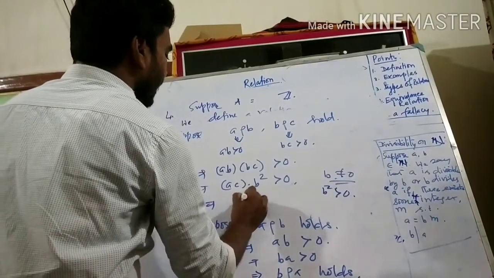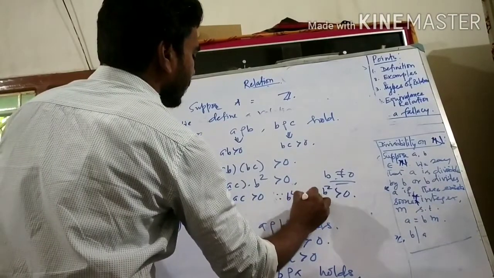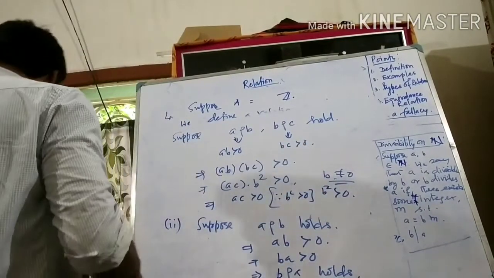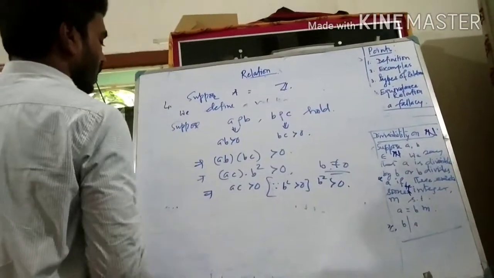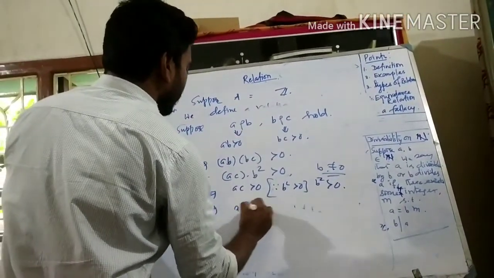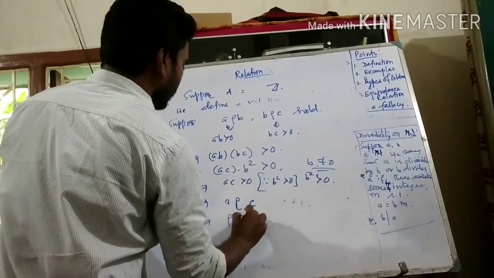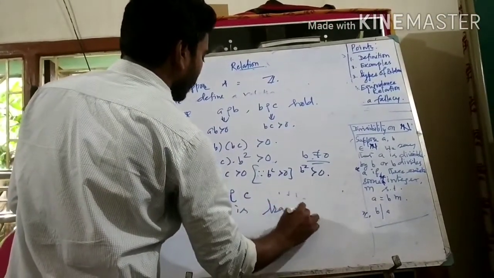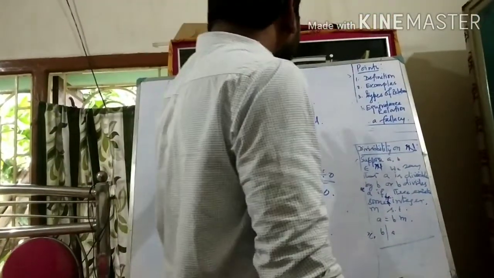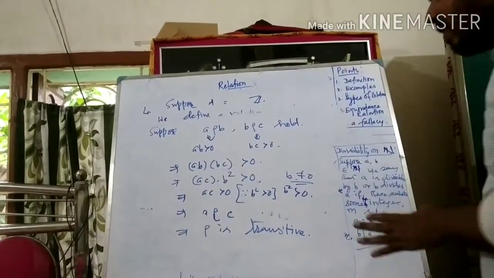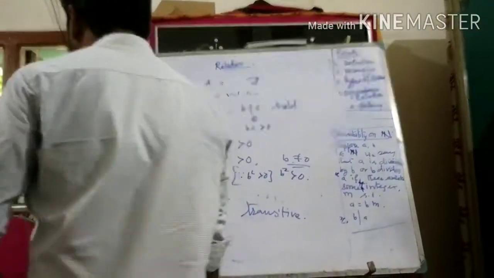And that means AC is greater than 0, since B square is greater than 0. That means A is related to C. So this is an example where the relation is not reflexive but symmetric as well as transitive.